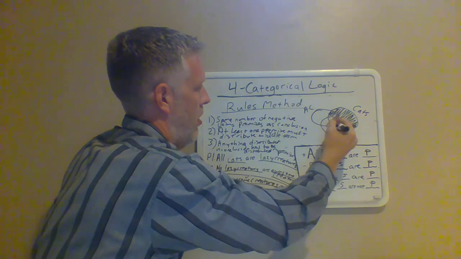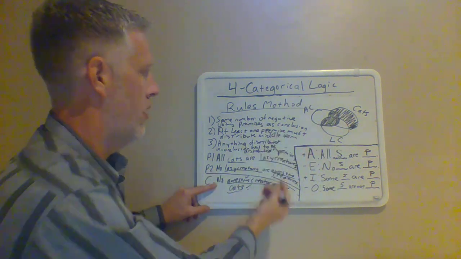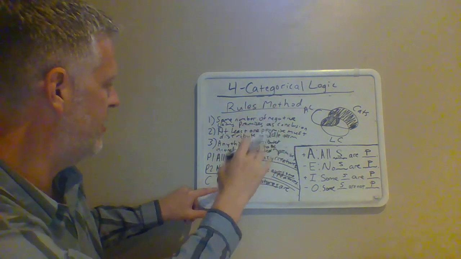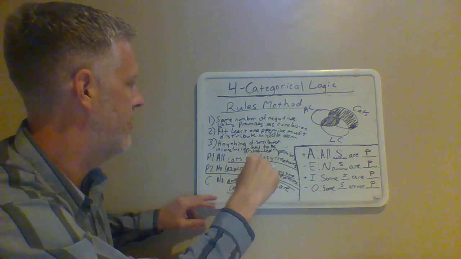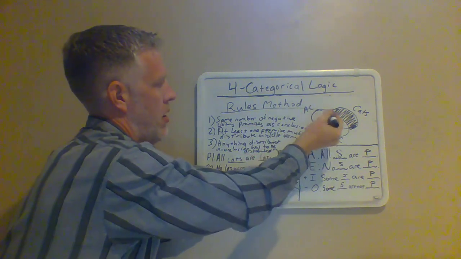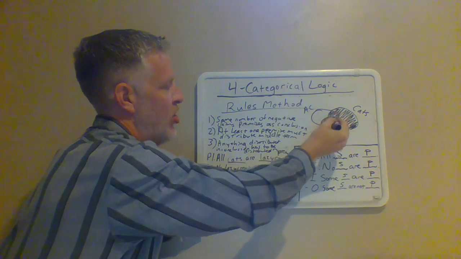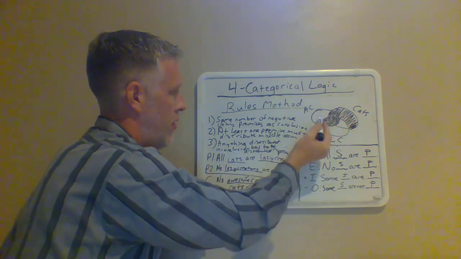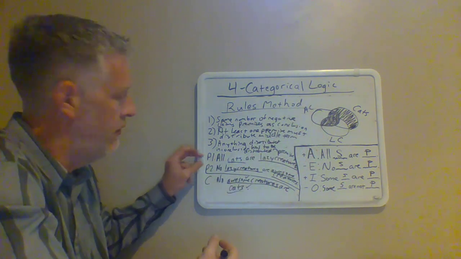So we're going to eliminate those possibilities. And so, given our diagram of the premises, is it true that no awesome creatures are cats? It is. Any place where it would have been possible to also be a cat has been shaded or excluded. So this does follow. It is implied given the illustration of the premises.